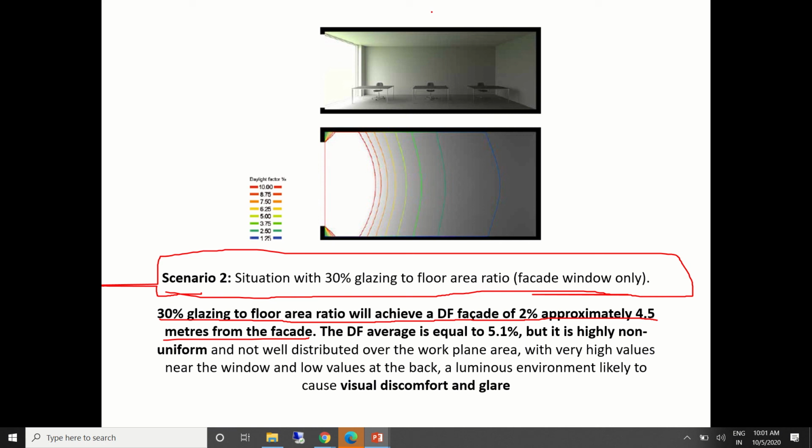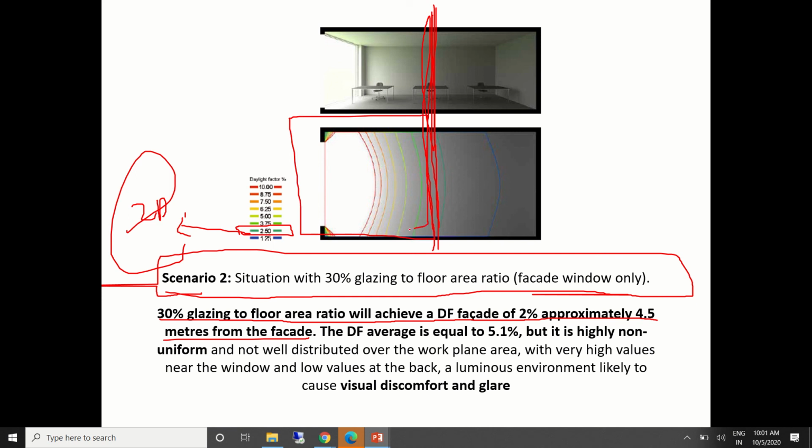So almost half, not even half, I think it is only half. If our benchmark is 2 or 2.2, 2% daylight factor, then almost 50% of the room is achieving the required percentage of daylight.